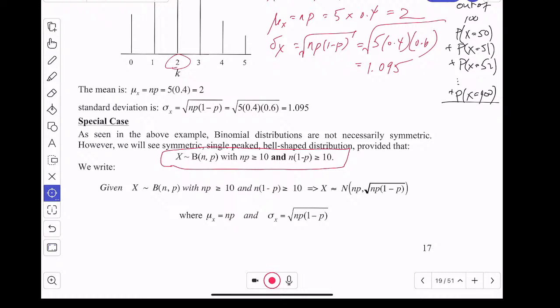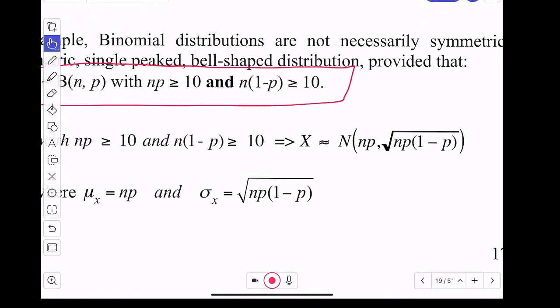In that case, we can take the mean and standard deviation as though they are the mean and standard deviation of a normal distribution that approximates x. So in the symbols here, I have put this double tilde sign. That means approximates. Well, we did talk about that before.